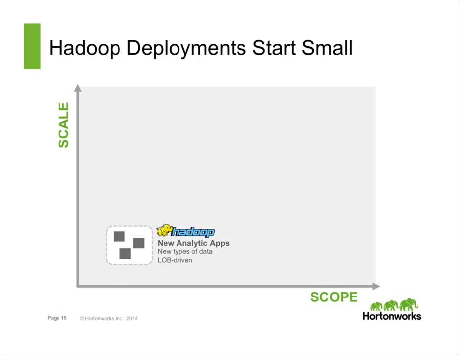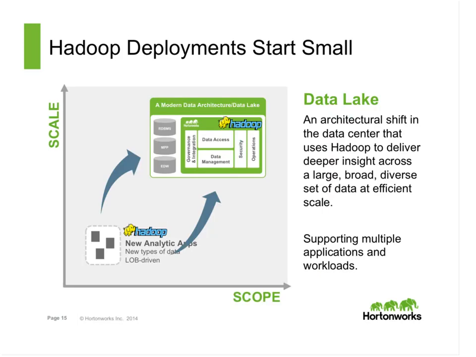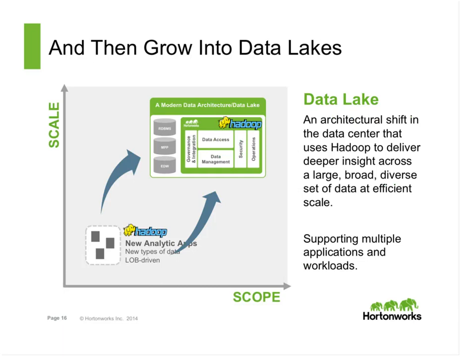Eventually, someone gets an idea: maybe we should combine some of these kinds of data in our analysis, which we've never been able to do before, because Hadoop makes that much more feasible. As we start to think about combining these data sets, we start to think about all kinds of other elements like governance and security and how these things all fit together and how they're all managed.